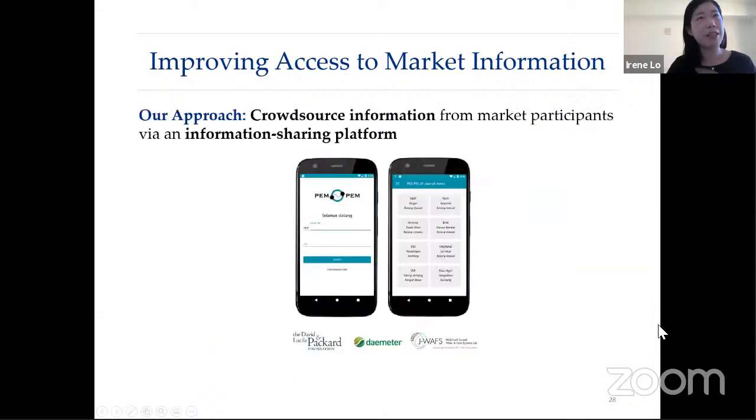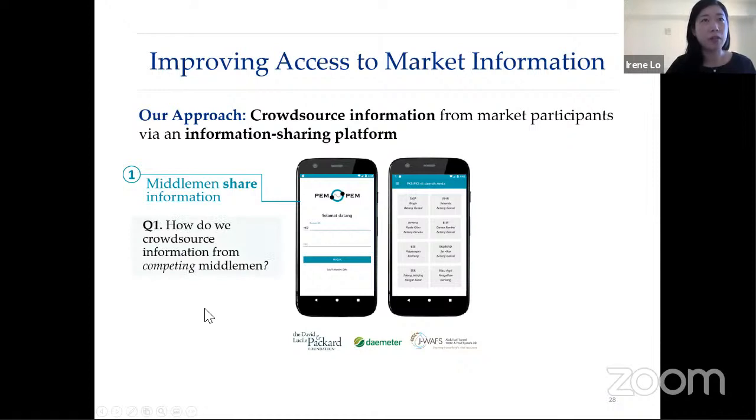I don't have time to tell you about these two research problems today, but basically our approach is trying to crowdsource information from market participants via an information sharing platform. And that raises a number of theoretical questions. We might try to crowdsource information from the middlemen. And so the research question there is, how do we crowdsource information from competing middlemen?